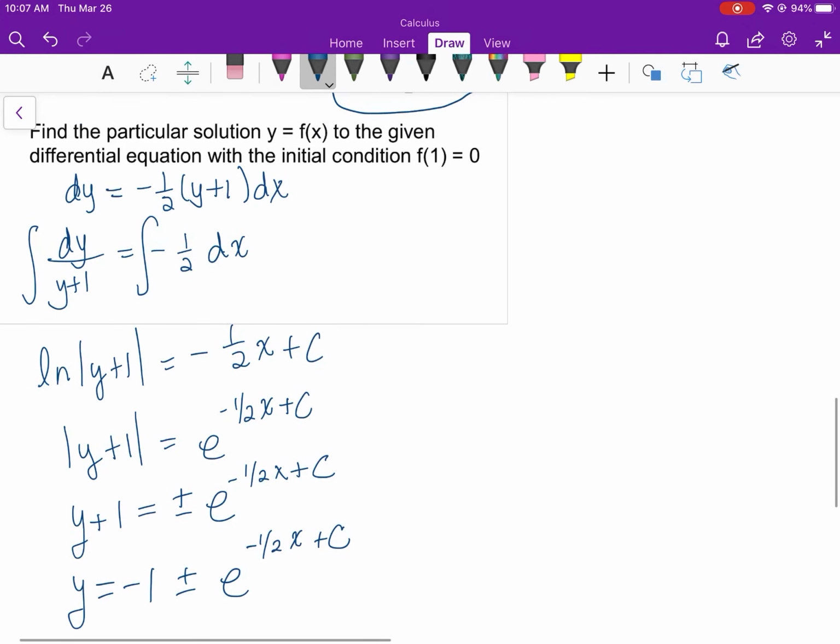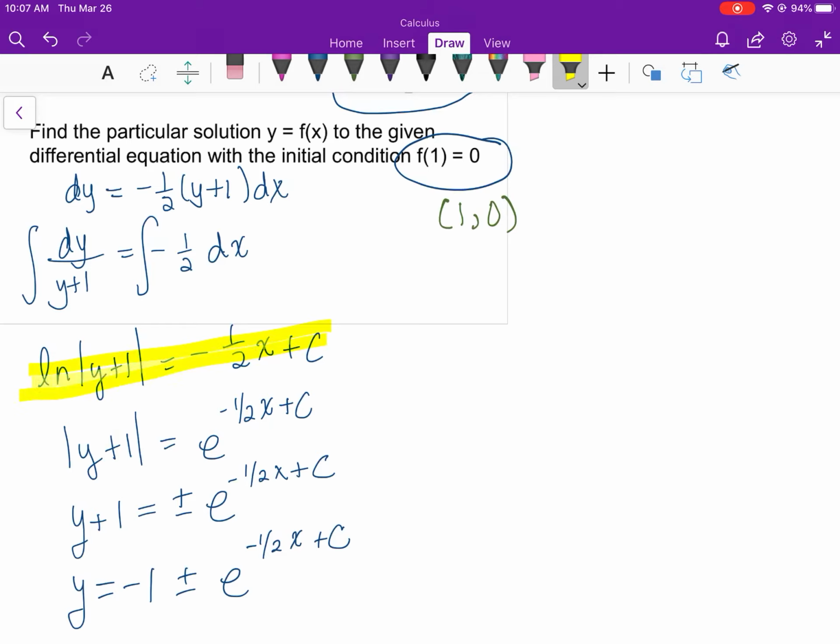Okay, now we're figuring out the ordered pair part. So when I plug in 1, 0, what is my C value? Again, I start here when I plug in my ordered pair.